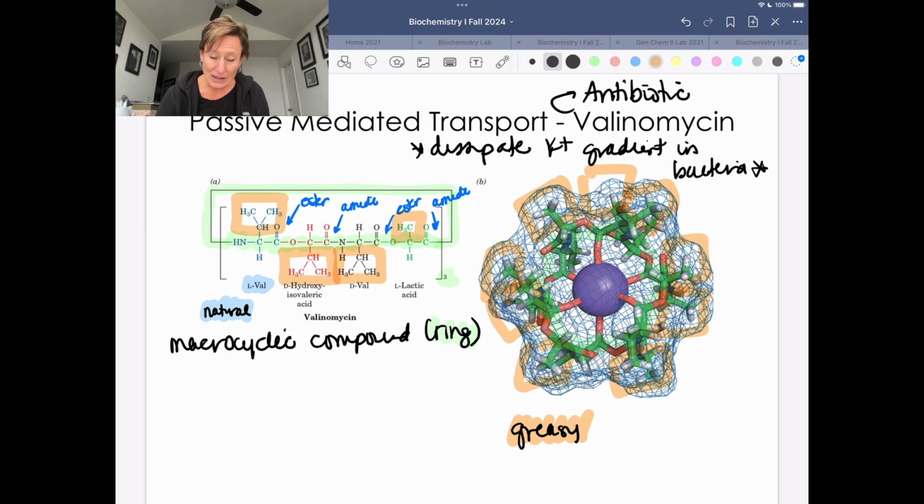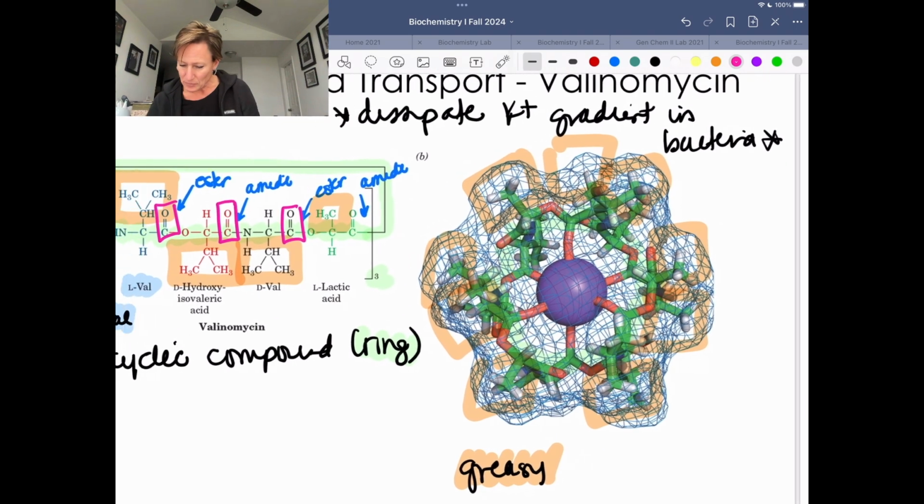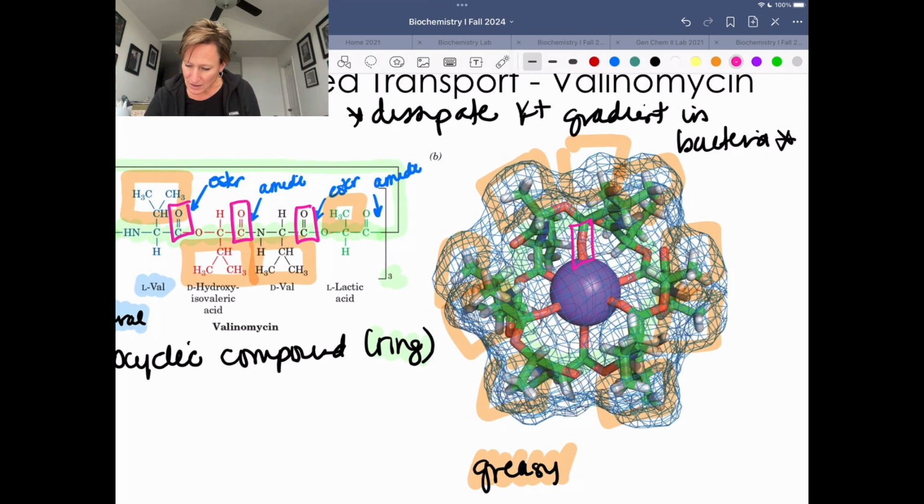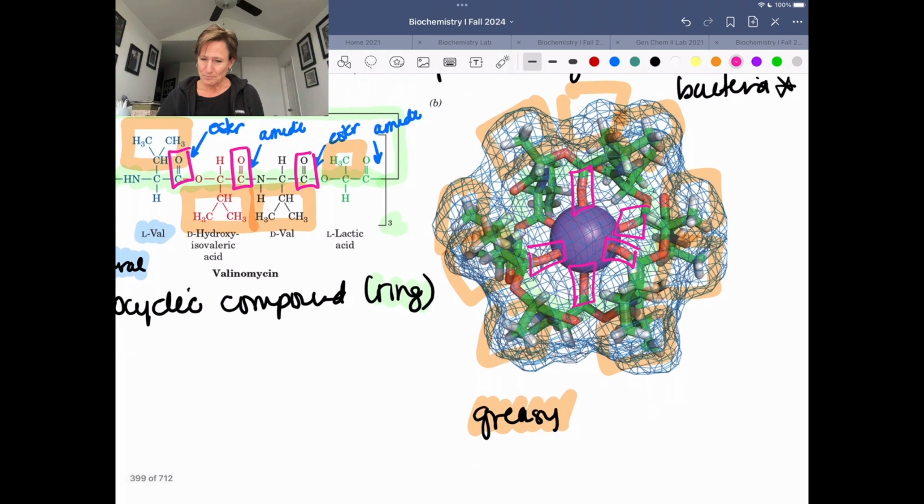And I want to highlight what the inside of this looks like. Okay, so I'm going to highlight in a pink color so we can see it pretty well. I want us to take note of this carbonyl that we're going to be seeing. We've got this carbonyl repeat, whether it's part of an amide or an ester linkage. All of these carbonyls that are part of either esters or amides, they're all pointing in the middle, okay?